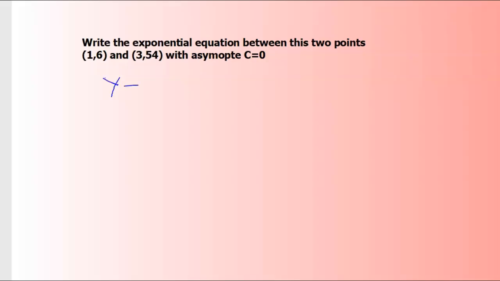We write our general formula for the exponent, a b to the power x, plus c. But they are telling us that c is 0. So simply we have y is equal to a b to the power x.